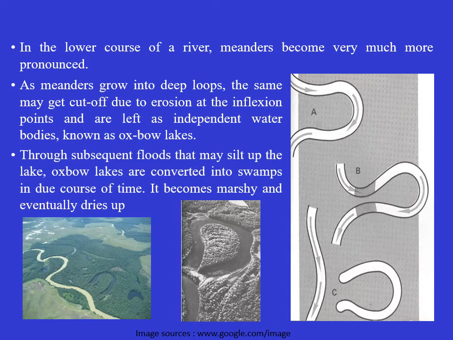So with time, the looping of this meander becomes extremely high, and the two portions of this loop, this portion and this one, come very close to each other. With erosion continuing at these portions, ultimately the river channel shortens its flow path and flows through this portion, cutting through the country rock. This is called a neck cutoff.